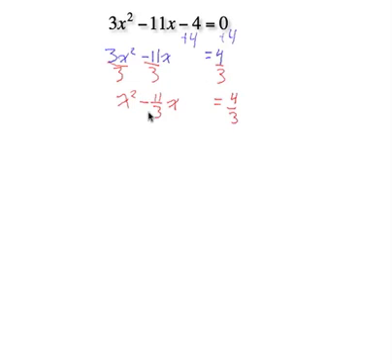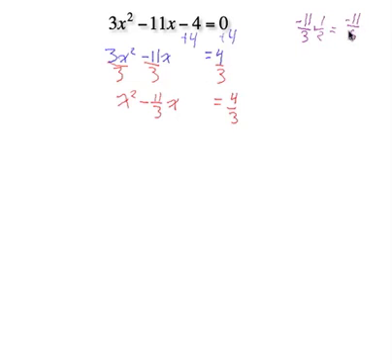Now remember the math that we had done before. We have to take half of this term and then square it. So let's do the math. We have negative 11 thirds. Half of that is like multiplying by 1/2. So half of negative 11 thirds is negative 11 sixths.